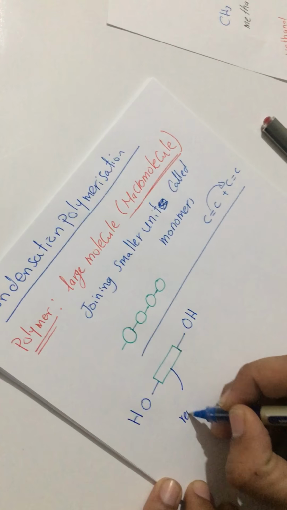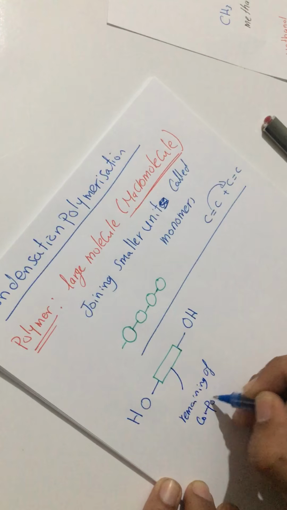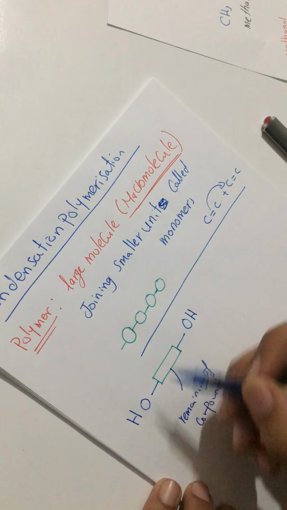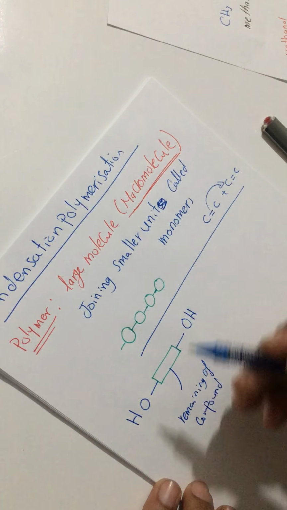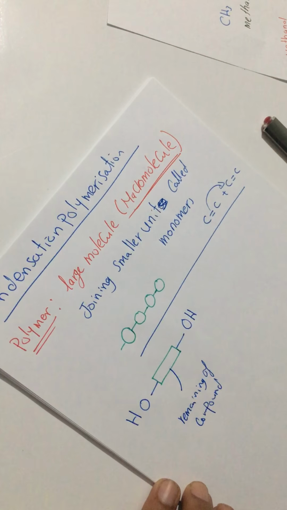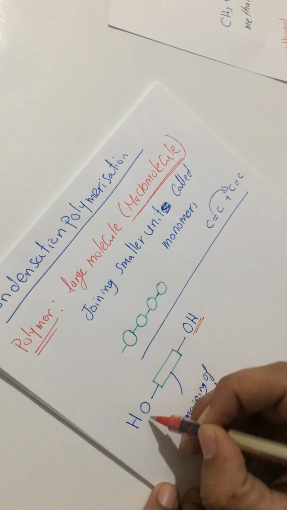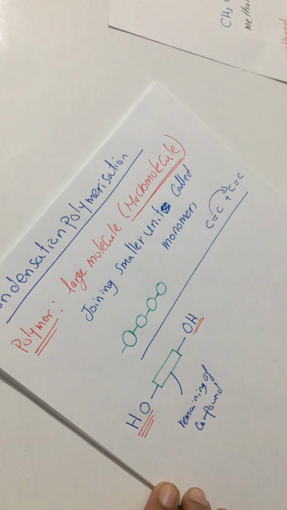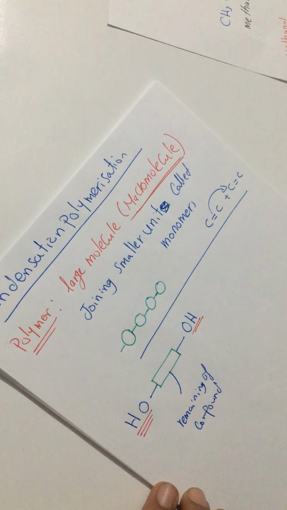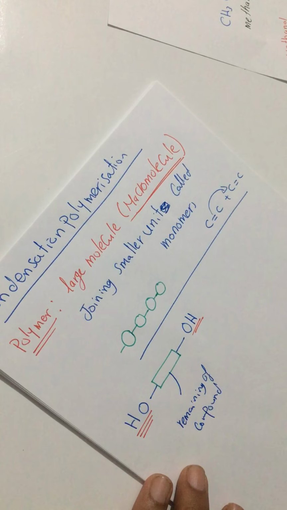This is the remaining part of the compound, and we don't need to write all the carbons and hydrogens that exist in the compound. We have here, for example, 2 carbons, 4 hydrogens. It doesn't matter for me. The main concern for me is the existence of 2 OH groups. This is the functional group, and we have to focus on the functional group we have here.